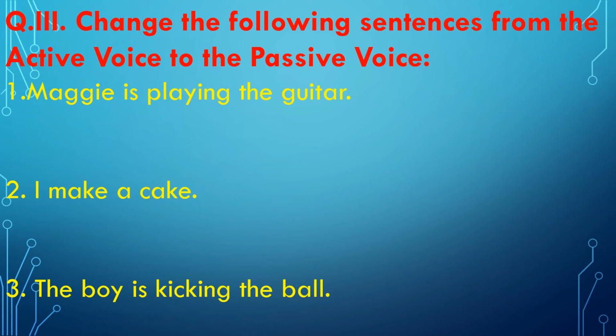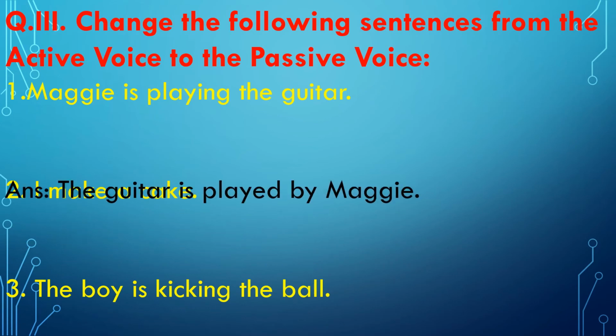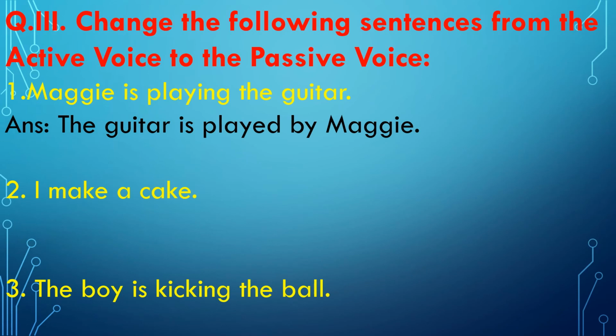So we have to change this active voice into passive voice. The answer will be "The guitar is played by Maggie." The object over here is the guitar, the action done by Maggie is played, and the subject over here is Maggie.